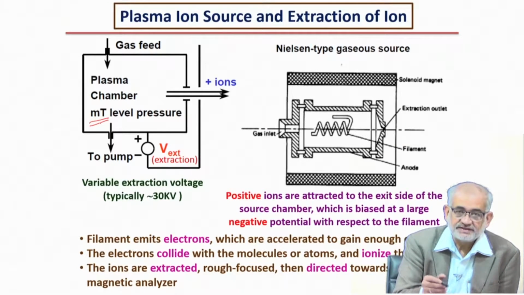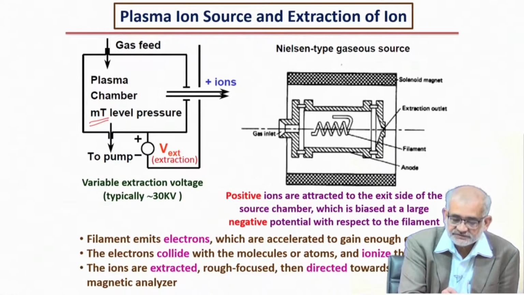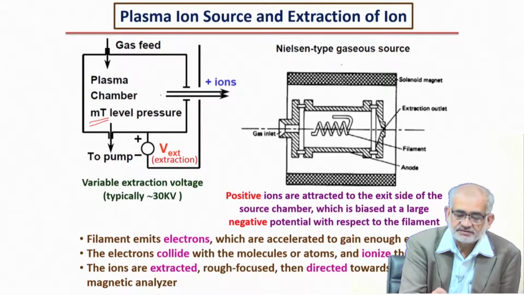So first, basically, you'll have a cathode and you'll inject electrons, and those will interact with the gaseous species, converting them into plasma at very low pressure and under the presence of an electrical field. The cations which are produced will be attracted towards an opening which has a negative charge. Because of the negative field applied or maintained on this side, the positive ions will be attracted towards this opening.